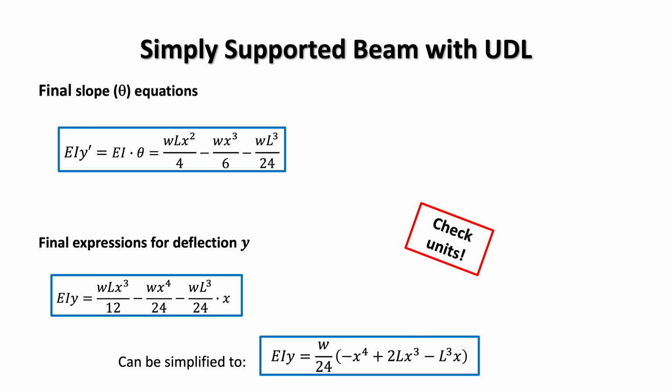At this stage, it is important to check the units. Each term in the expressions must be consistent, which provides a quick and effective check that the equations have been formed correctly. The deflection expression can also be rearranged into a more compact form, as shown on the bottom of the slide. This simplified form is mathematically equivalent and is often more convenient for evaluation and interpretation.